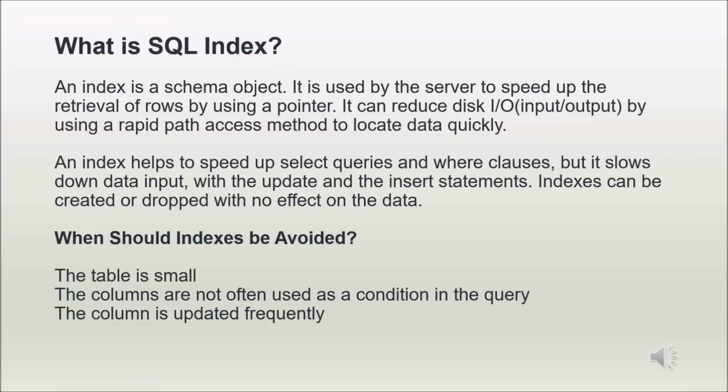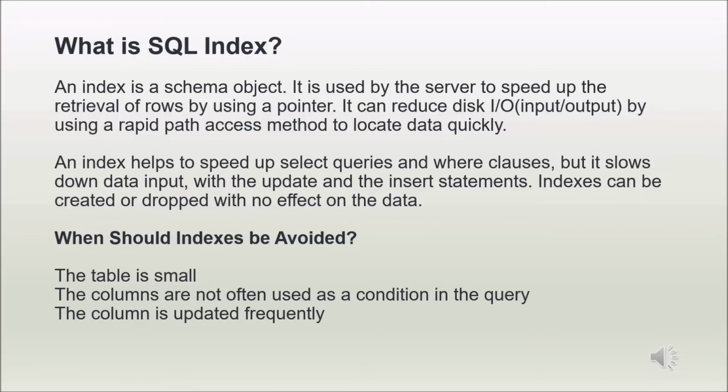So I'll give one simple example for a SQL index. It is just like an index in your book. Suppose you are documenting anything, you will create an index page, right? There you can see the page numbers where we can find the content. Suppose I want to read some concept, I will just go to that index and see the page number, and directly go to that page number to read that concept.